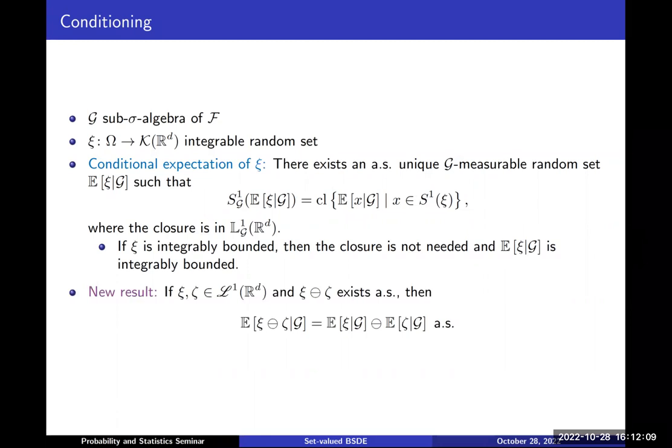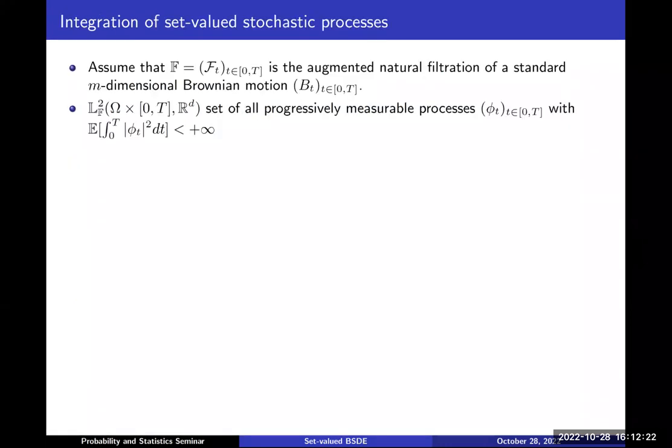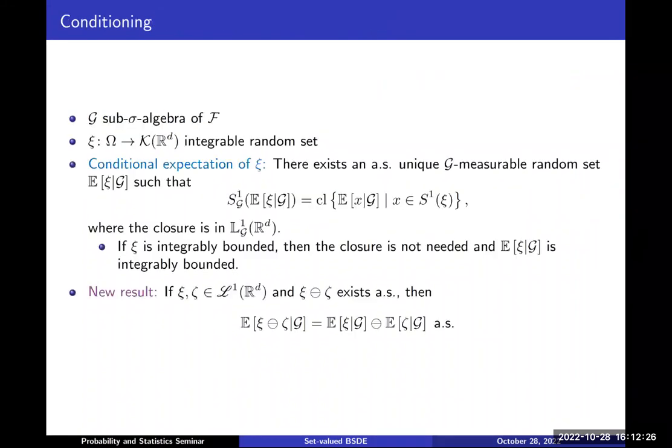You can also do simple arithmetic with the conditional expectation, such as this one. Just like how you add integrable selectors, you can add and subtract conditional expectations. Any questions so far? You can interrupt at any time, of course.